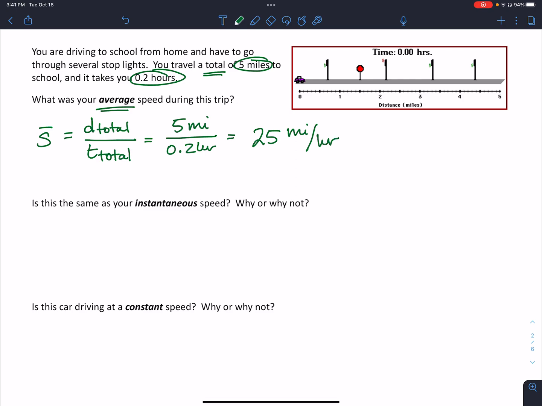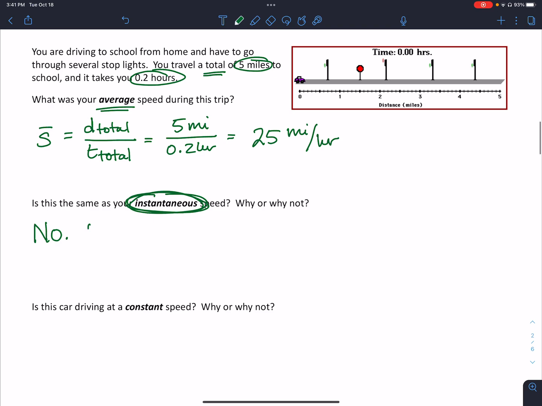All right, so it says, is this the same as your instantaneous speed? Why or why not? Now the answer is no here. This is an average speed. So on average, we were going around 25 miles per hour, but I could look at my speedometer at any time and see what the instantaneous speed is.